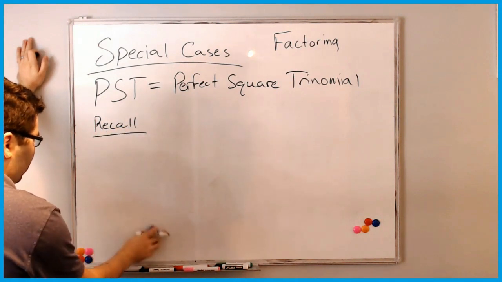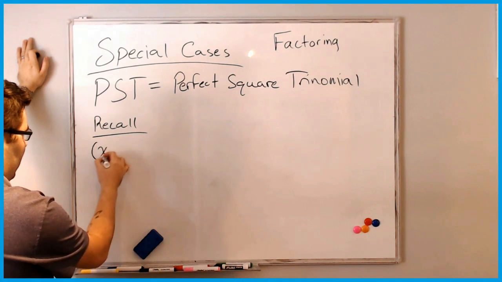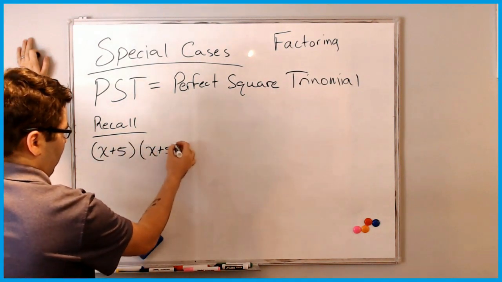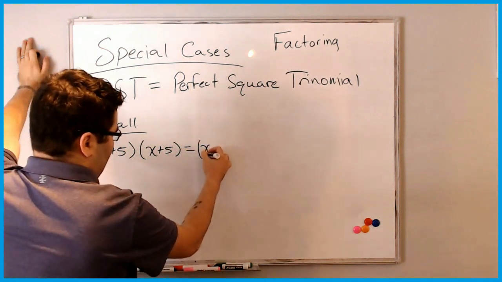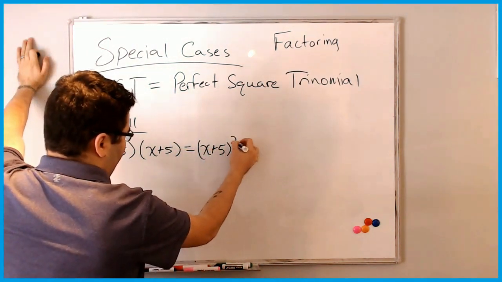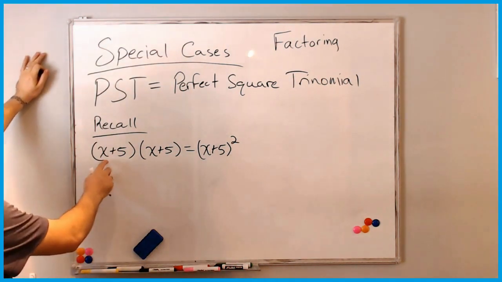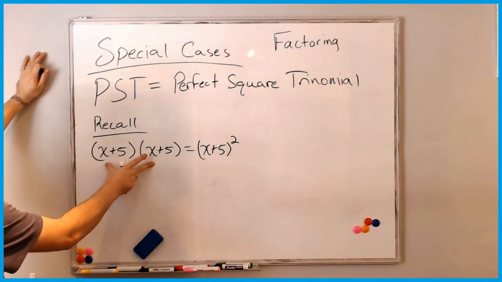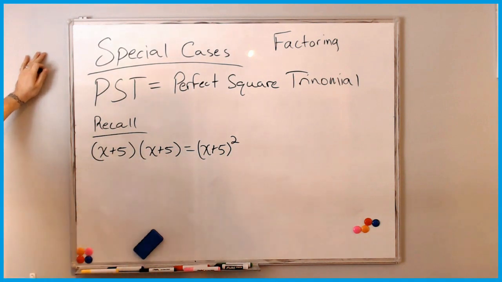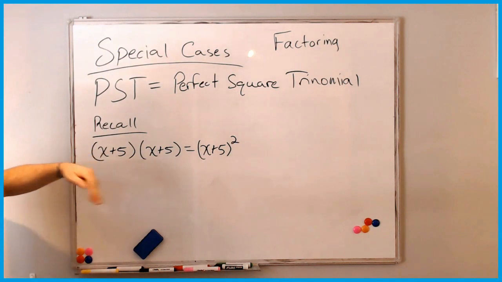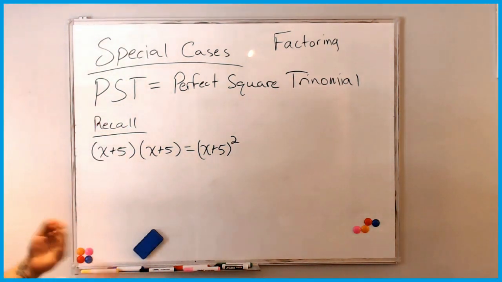So if you had x plus 5 times x plus 5, remember that's the same thing as x plus 5 squared. Well, because you have the same terms here, an x plus 5 and an x plus 5, unlike with the difference of two squares, where you had x and 5, but one was plus and one was minus.